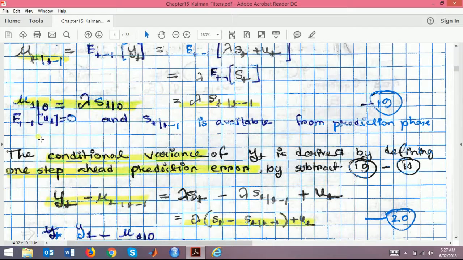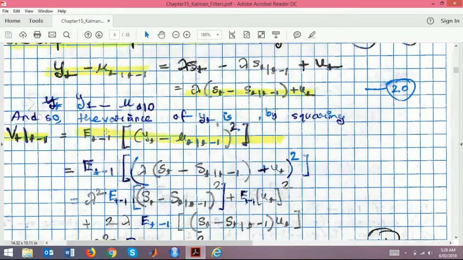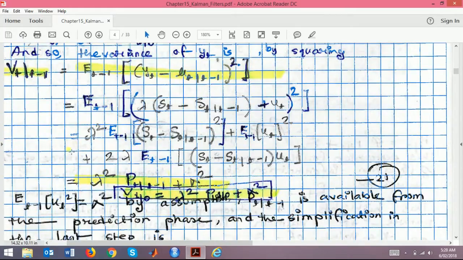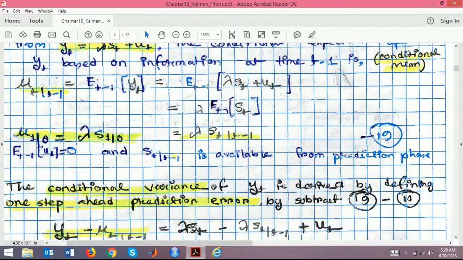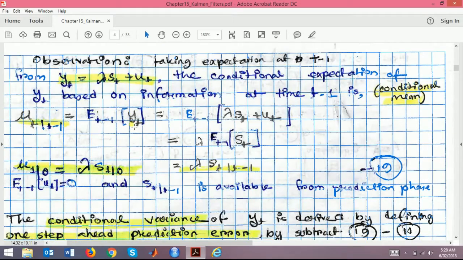And the mean on the other hand is simply S1|0 multiplied by the latent factor. The conditional variance of yt is derived by defining the one step ahead prediction error. Previously, did we talk about conditional variance? No, I'm sorry, P1|0 was just variance, S1|0 was just mean.